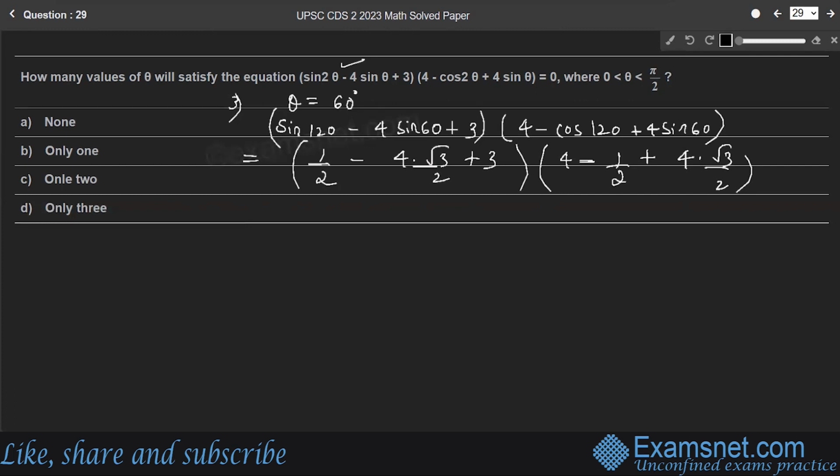Here cos (90 plus θ) is minus sin θ, so that is minus sin 30. Sin 30 is 1 by 2, so you will have 4 plus 1 by 2 here.